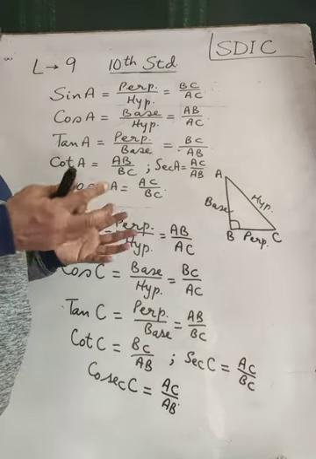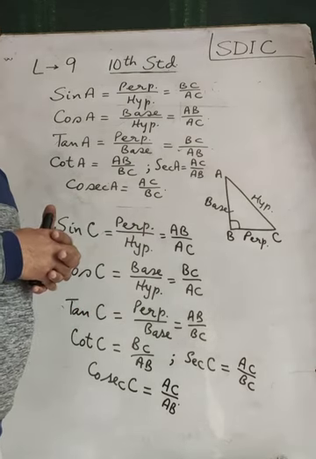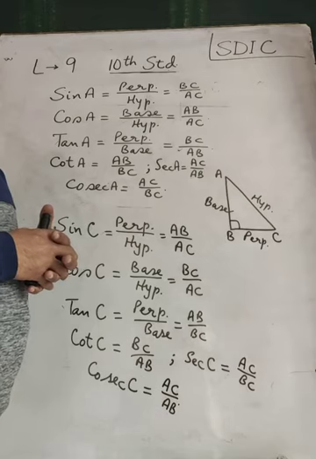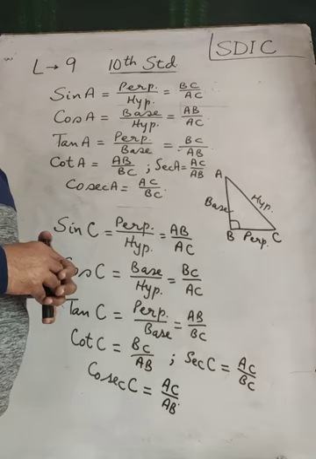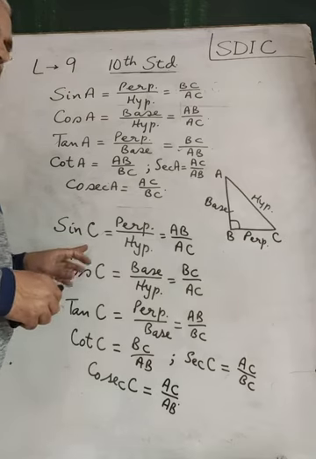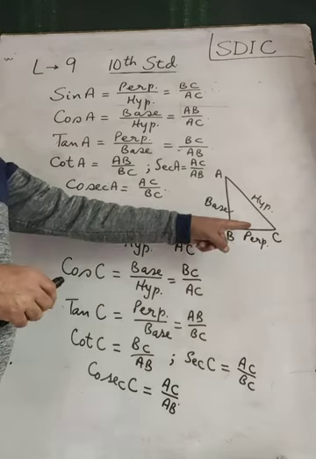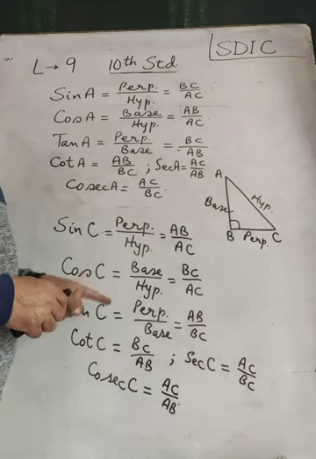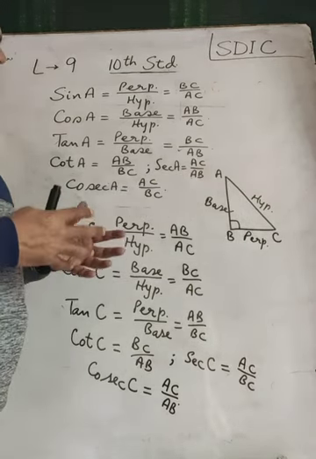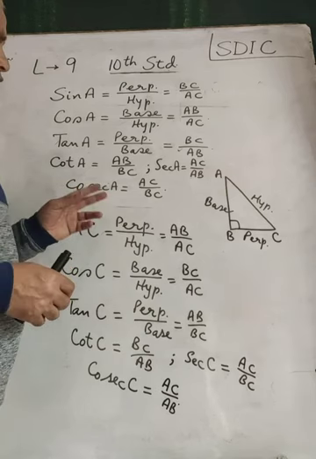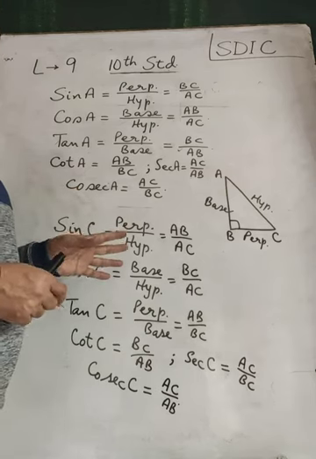Then these will be compared with each other to get the relations which we'll call as trigonometric ratios of complementary angles. So far we have trigonometric ratios of acute angles C separately, A separately. Now when we compare these with each other, new relations that we'll get, those will be called as trigonometric ratios of complementary angles.